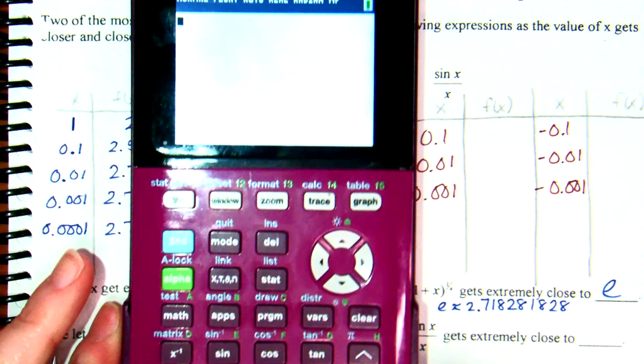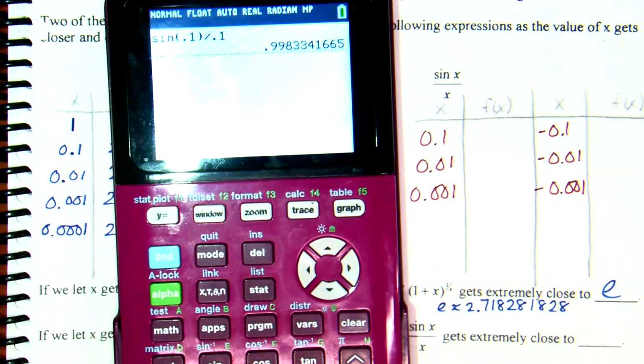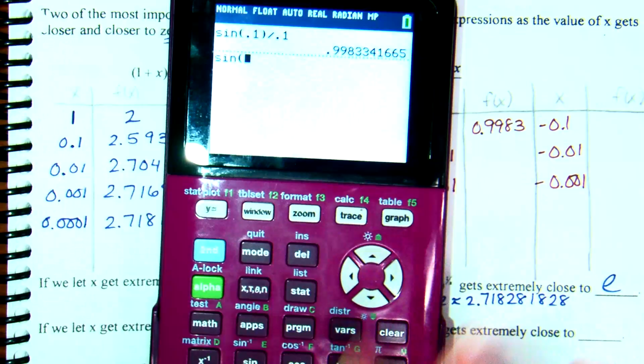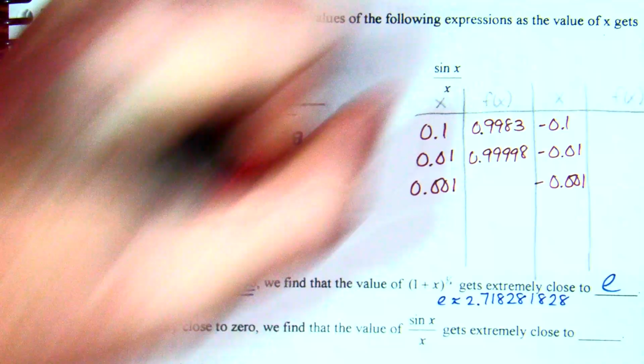So, sine of 0.1 in parentheses divided by 0.1, 0.9983. Is that what you guys got for your first one if you're trying it? Sine of 1/100th divided by 1/100th. Technically, it's 0.99998 if you go another spot, right? 4 9s and an 8.